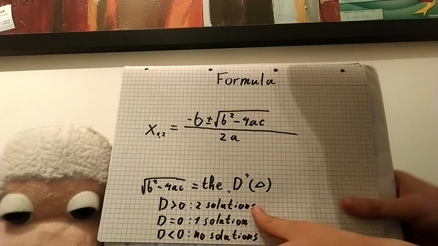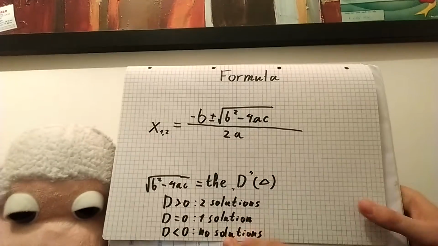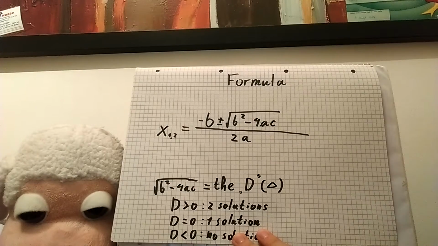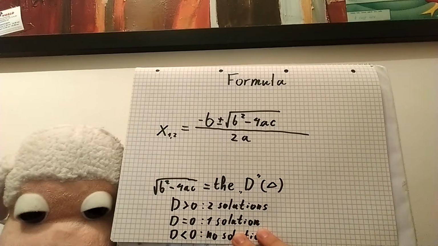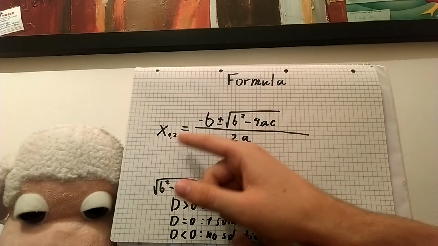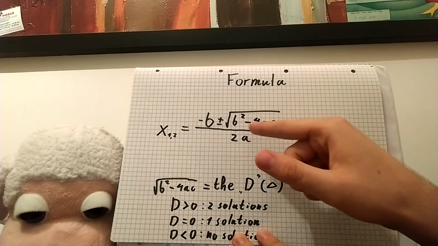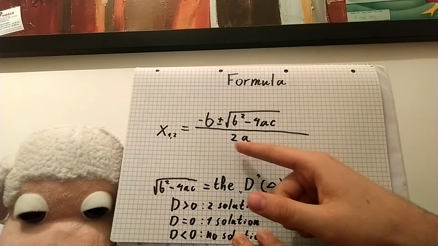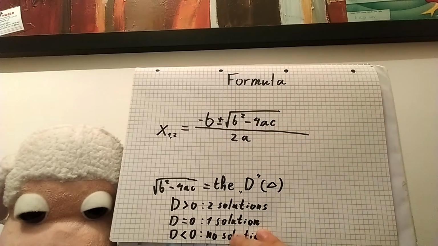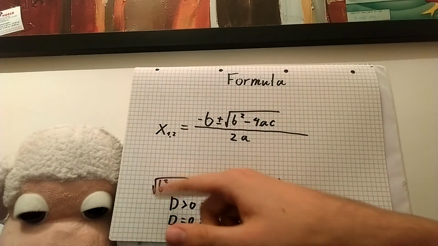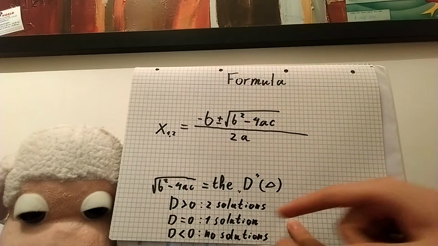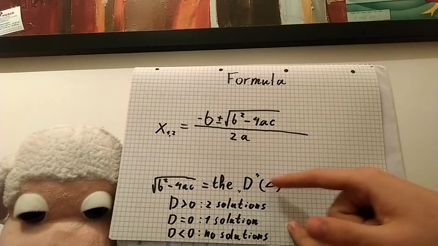Yep. And now the third and my favorite one is the quadratic formula. What does it do? It's listed as x1 or 2 equals minus b plus minus root b squared minus 4ac, divided over 2a. Now, the part b squared minus 4ac is also known as the d or delta.